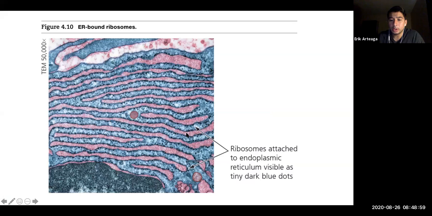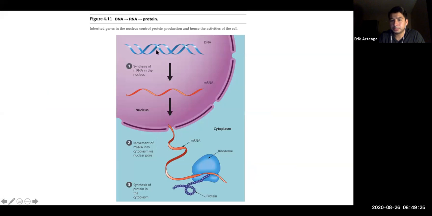Okay. So here we have the ribosomes attached to the endoplasmic reticulum, visible as tiny dark blue dots. We'll talk about the endoplasmic reticulum in a minute. It's important to have this rough endoplasmic reticulum closely associated with the nuclear envelope. Ribosomes' main job is to make proteins, okay? Inherited genes in the nucleus control protein production and hence the activities of the cell, right?